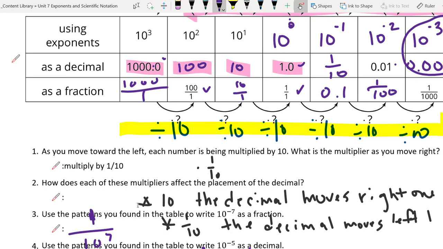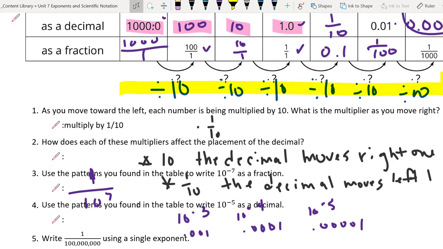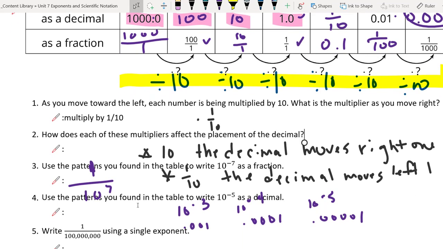So 10 to the negative 4th would be 0.0001. So that's 1/10,000th. 10 to the negative 5th would be, move it one more time, 0.00001, so 1/100,000th.